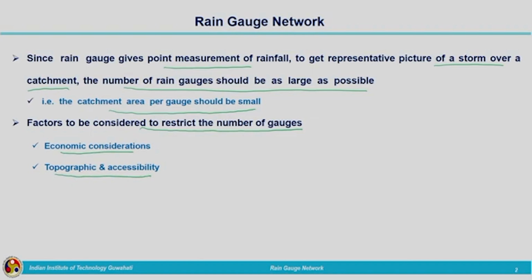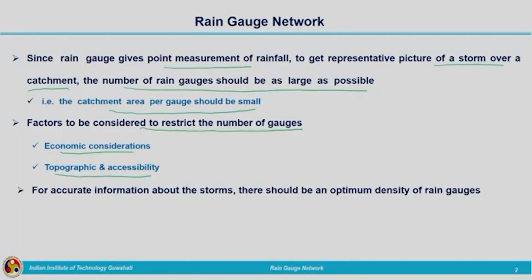Economic conditions we need to take into account, because we cannot provide a large number of rain gauges if it is not required in that small area. And other than that, topography and accessibility also matter, because where the rain gauge is present, we need to have accessibility to that particular location. It is not like the satellite measurement of rainfall.